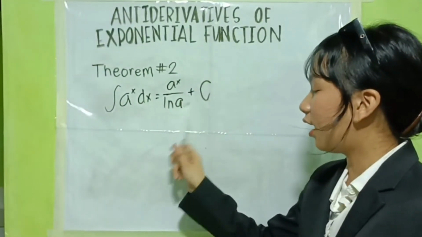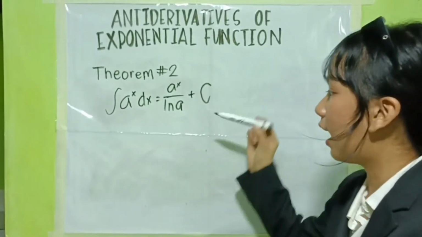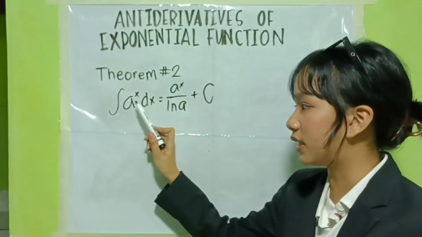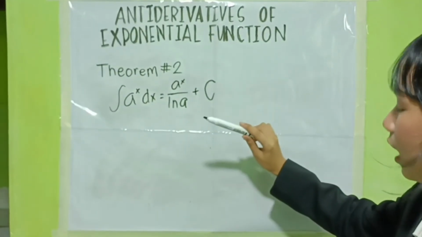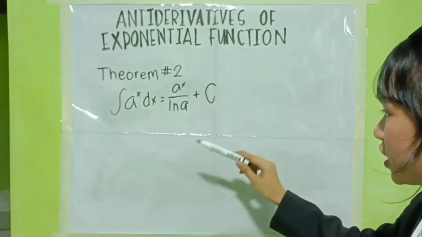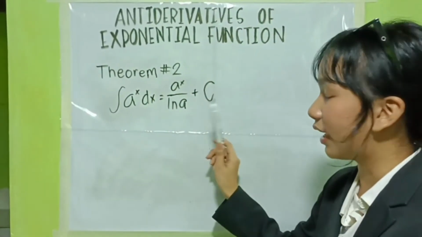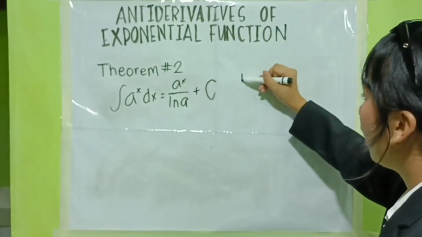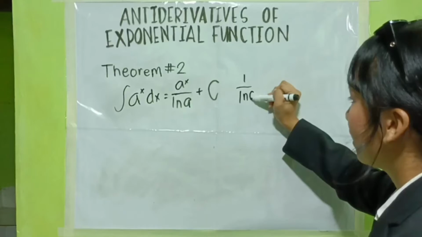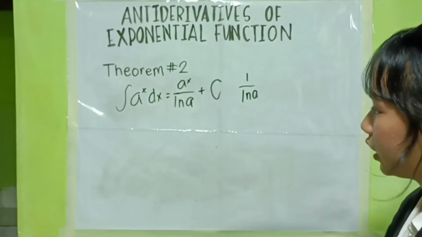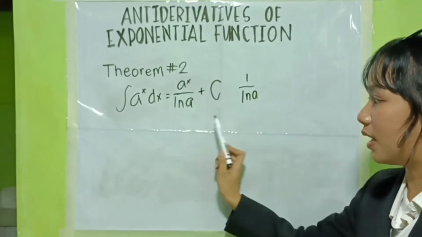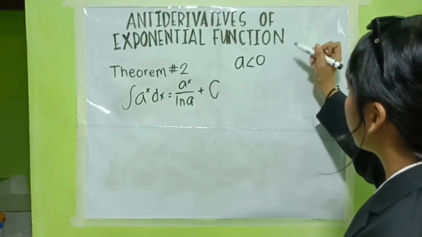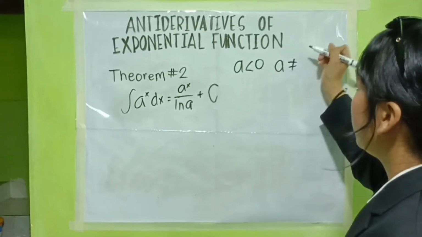The ln a tells us that we only take the coefficient, disregarding the exponent. We need to build a coefficient that will counteract the natural log a. Sometimes it is written as the reciprocal of log, like this, 1 over ln a. But in this theorem, we use this formula where a should be greater than 0 and a should not be equal to 1.